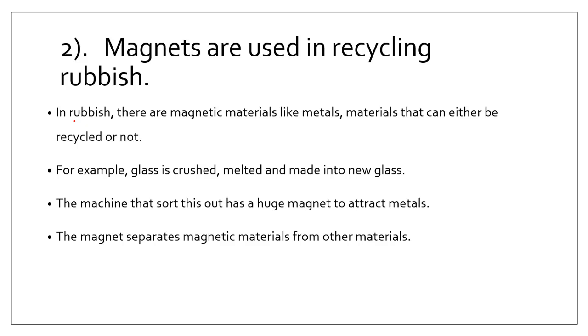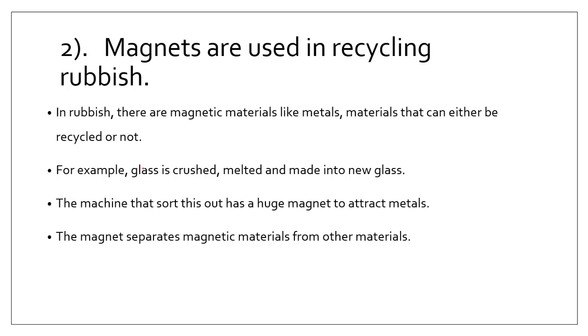Remember, in rubbish there are magnetic materials like metals, and there are also some materials that can either be recycled or not. Rubbish is like a mixture of solid waste, and some of this waste is magnetic, meaning it can be attracted by a magnet, some cannot, and some can be recycled, some cannot be recycled.